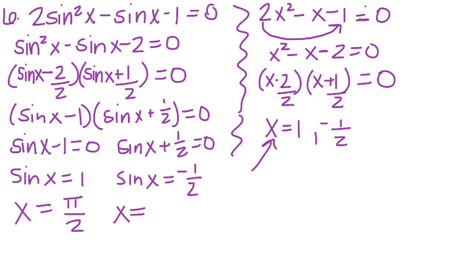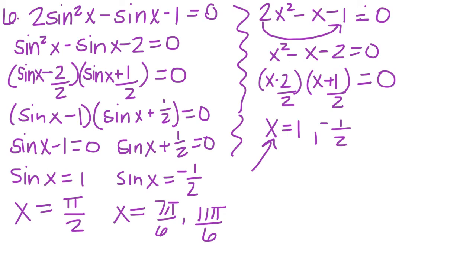Should be the third quadrant, because sine is negative down there. What's it going to be? 7 pi over 6. Good. And what's the other one? 11 pi over 6. Good. Questions?